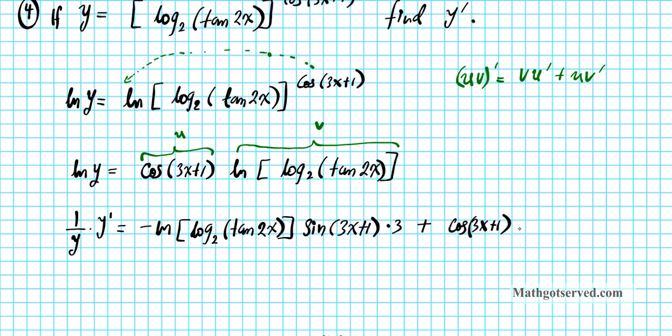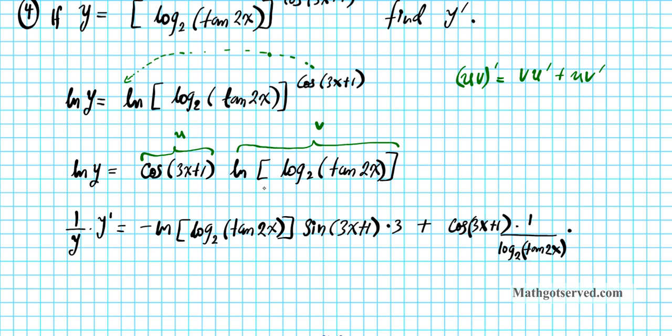So it's going to be 1 over u, so since it's 1 over u, let's put it right here, times 1 over, the denominator is going to be log base 2 of tan 2x. All right? Because we know that the derivative of ln x is 1 over x. Okay? So now let's differentiate. We're done with the ln.